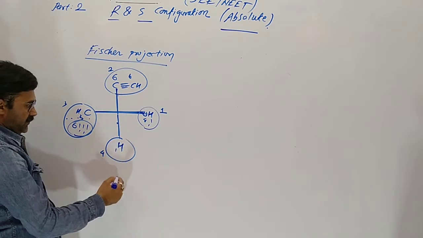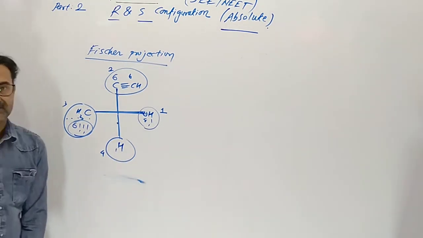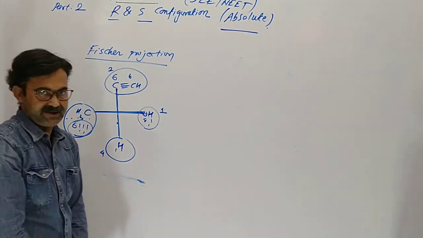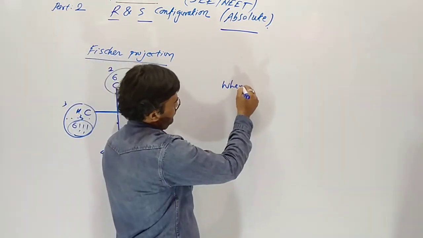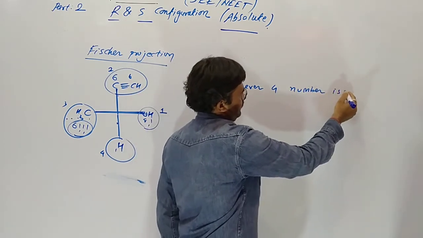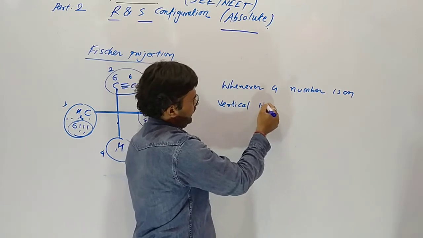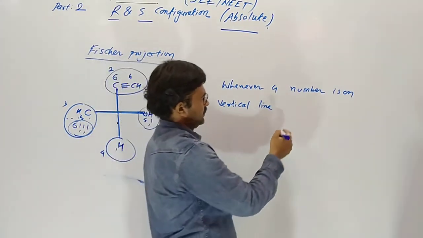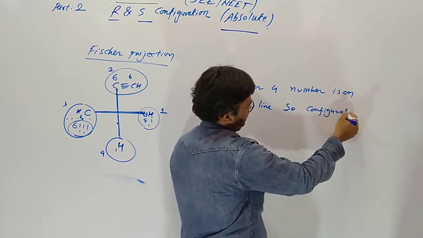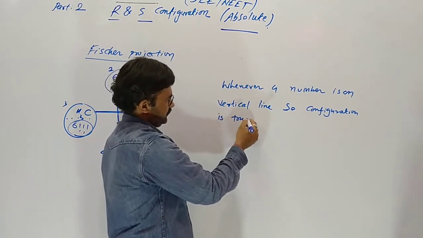Whenever number 4 is on the vertical line, without doing interchanges, the configuration is true.